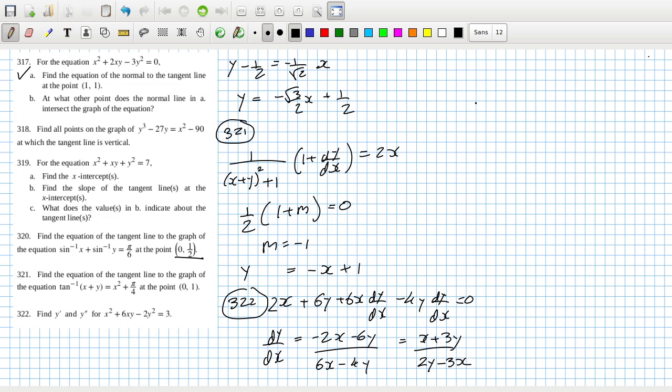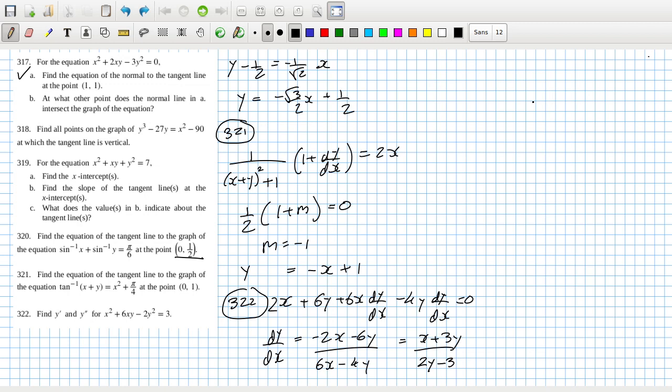A little bit trickier now is the second derivative. Let's see what we get. So d2y/dx squared will be the bottom squared, the bottom times the derivative of the top, which is 1 plus 3 dy/dx, minus the top, which is, okay, I'm going to run out of space.